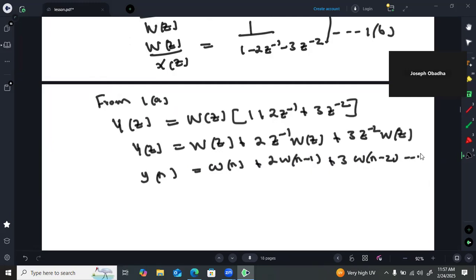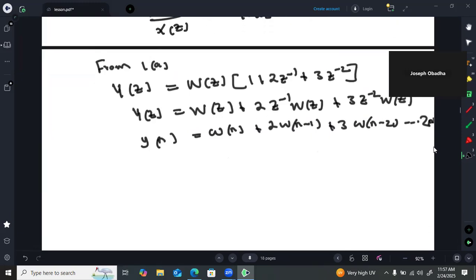I'll call this one equation 2, and this part 2a. Then from 1B, we also have 2b.